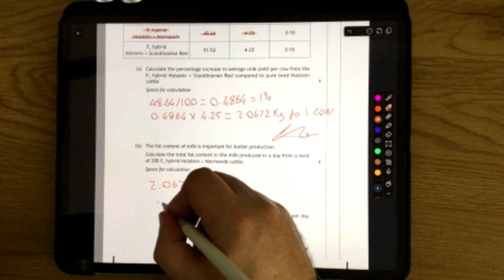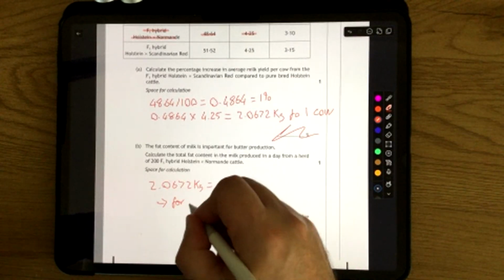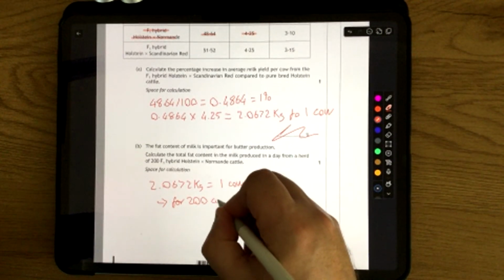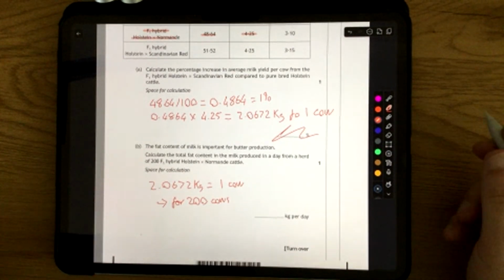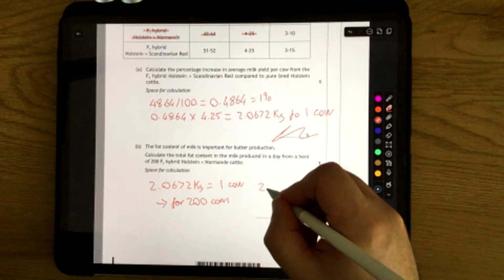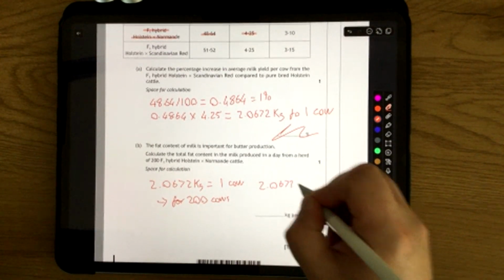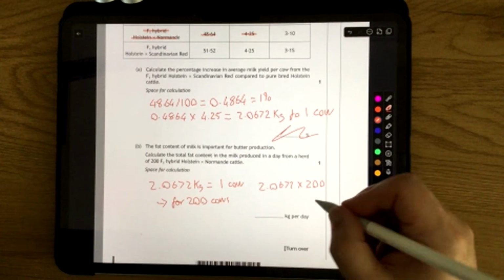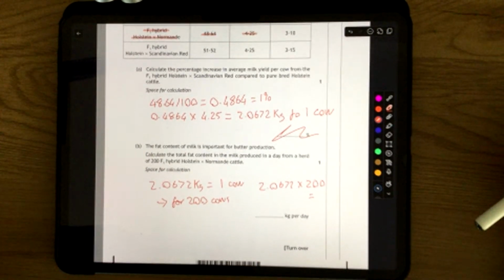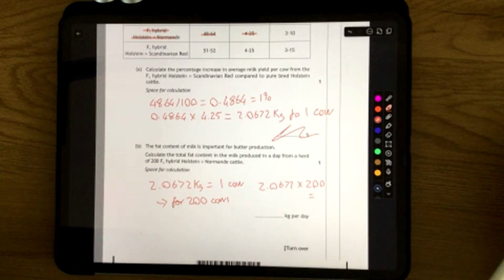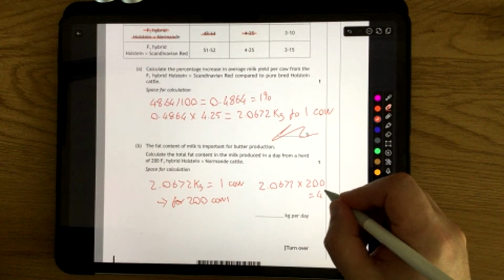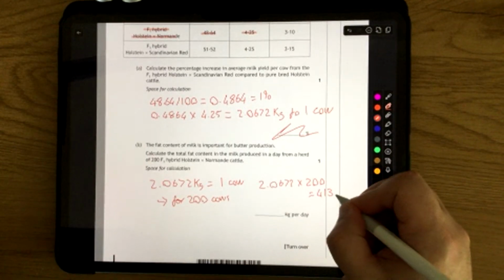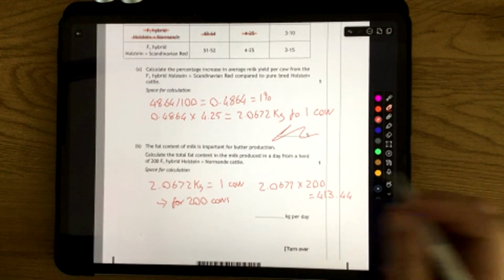I need the result for 200 cows, right? So all I'm going to do here is take 2.0672 times 200, and that is going to give me 413.44.